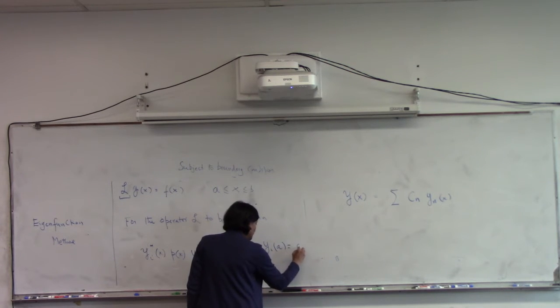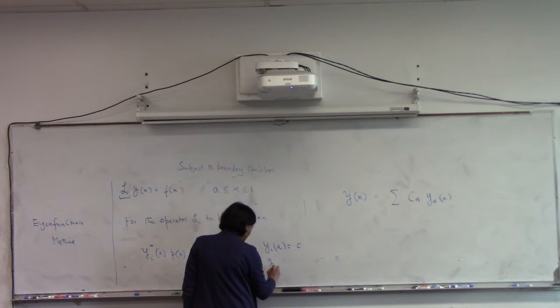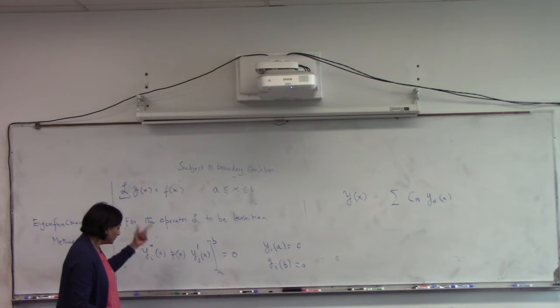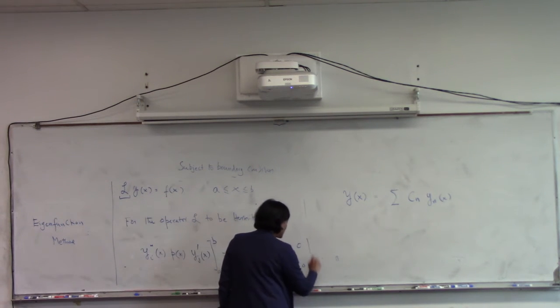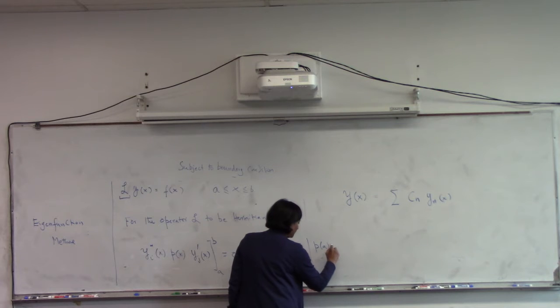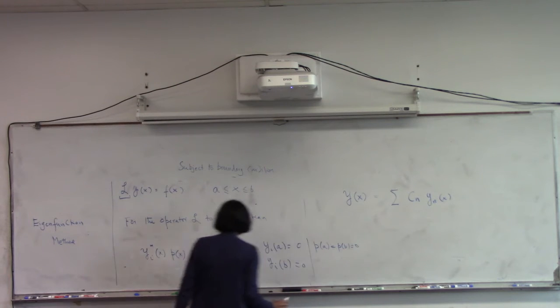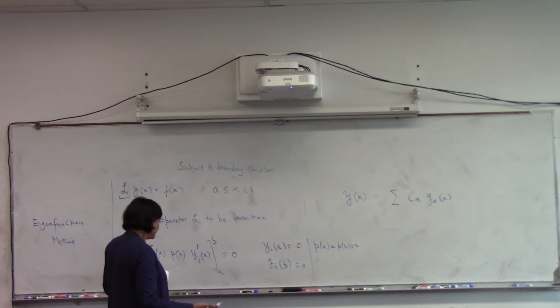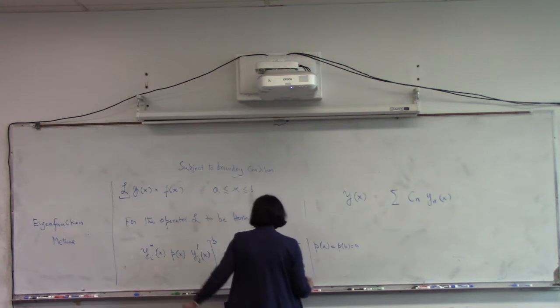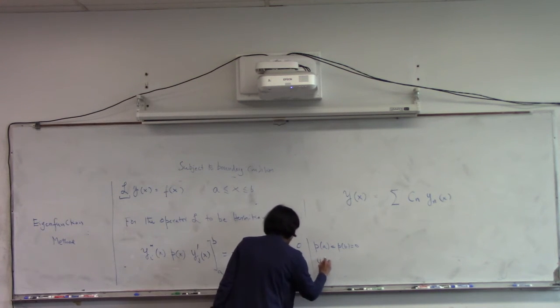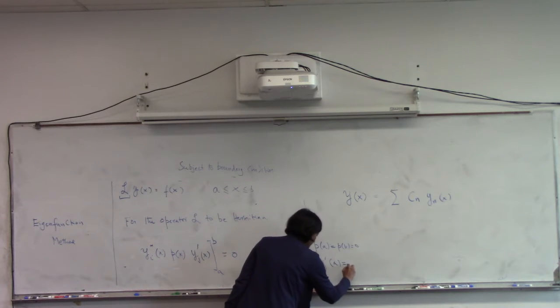Either the solution is 0 at A, at the boundaries, so that term will be 0. The other way to satisfy it, of course, is P of A or P of B equal to 0. Or you could have a combination of things, or the derivative can be 0.